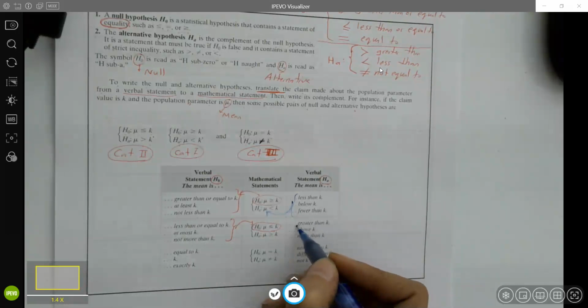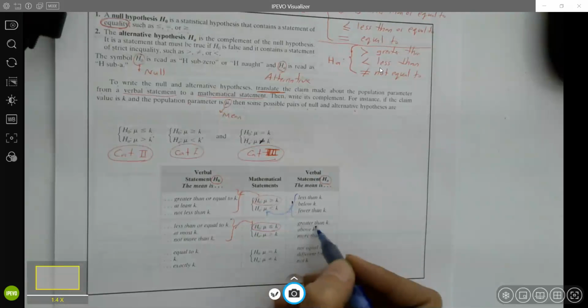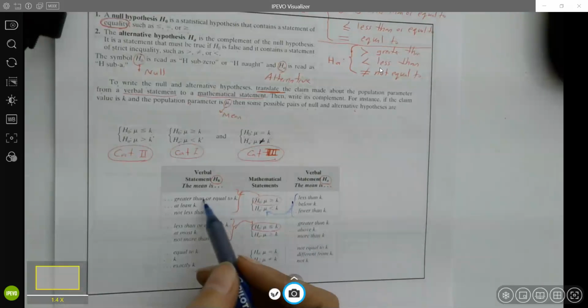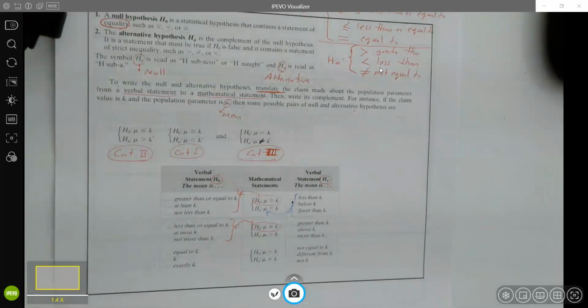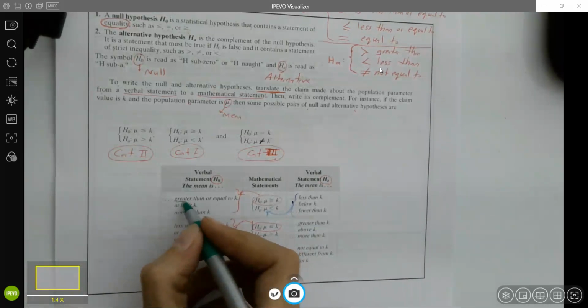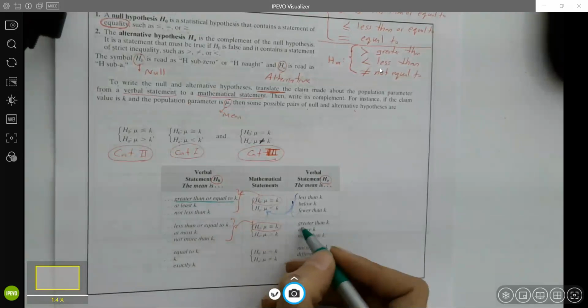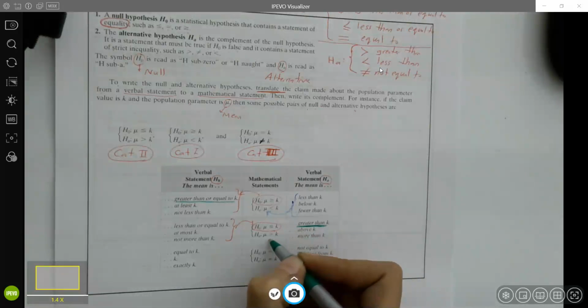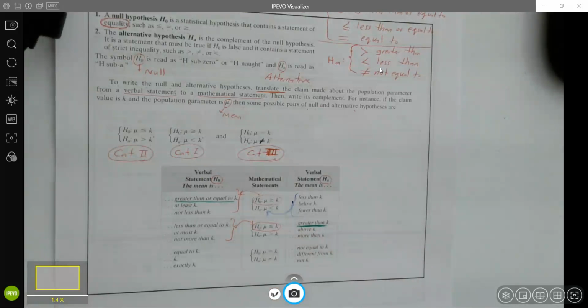Guys, this is greater than. It doesn't say anything about equality. Don't confuse these two. This is very important. One of them has equality next to it. The other one doesn't have any equality next to it. That's why this one is the indication of your alternative hypothesis.